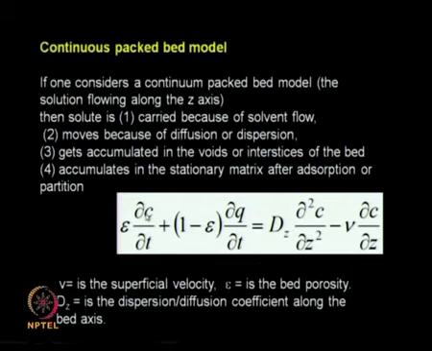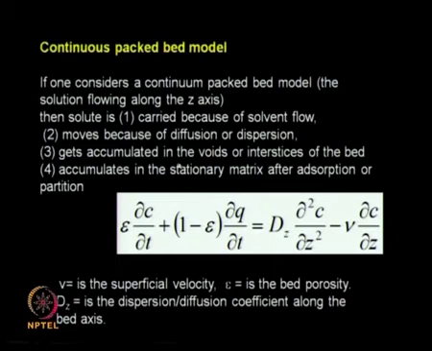We have C, the concentration of the solute in the mobile phase, epsilon is the voidage, bed porosity, and 1 minus epsilon is the amount of stationary phase, and dq by dt, where q is the concentration of the solute which is bound to the stationary material.